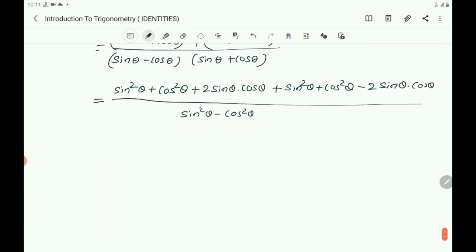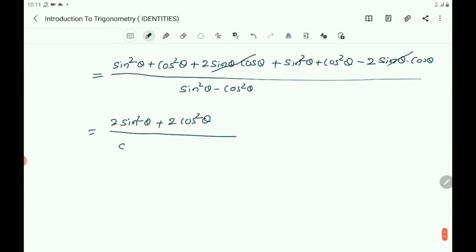Then you write here plus 2 sin theta cos theta minus 2 sin theta cos theta cancels. So here sin square theta plus sin square theta, you will get 2 sin square theta, plus cos square theta plus cos square theta, you will get 2 cos square theta. 2 cos square theta, that divided by sin square theta minus cos square theta.